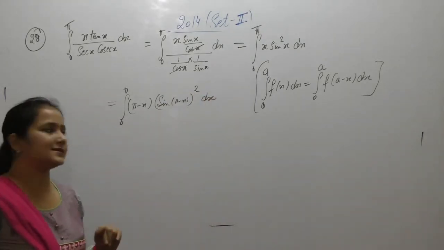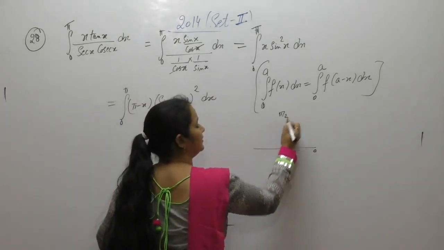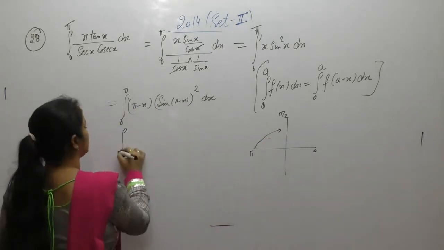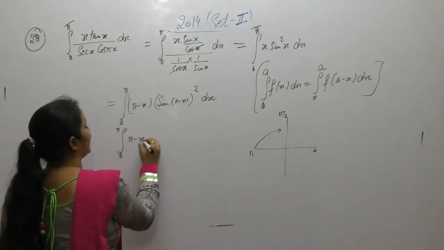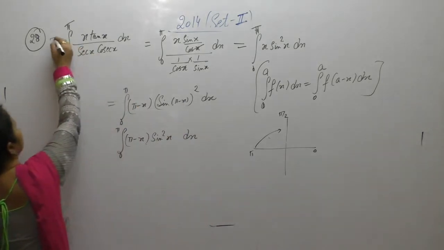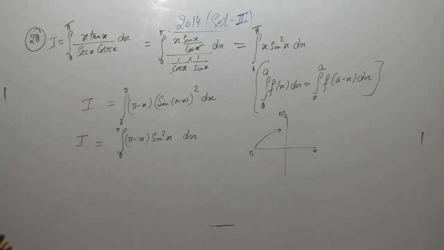Sin pi minus x, in that quadrant sin is positive. So integral 0 to pi, pi minus x, sin square x dx. Let this integral be I.